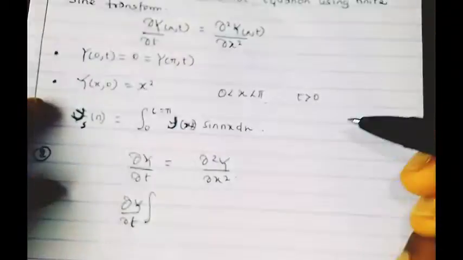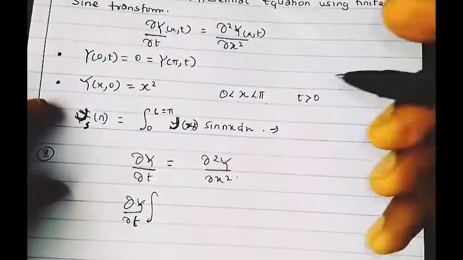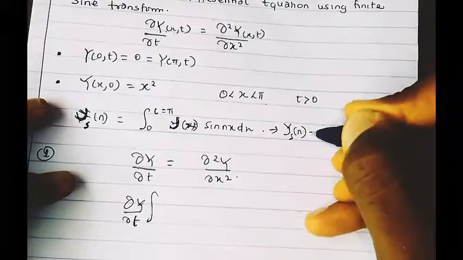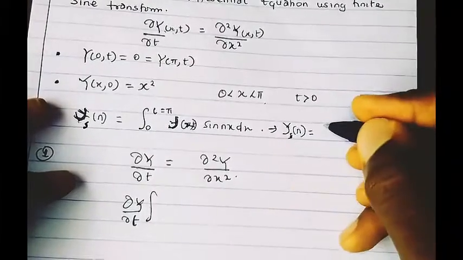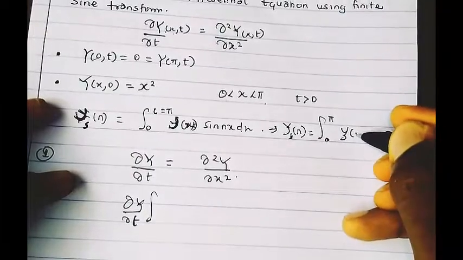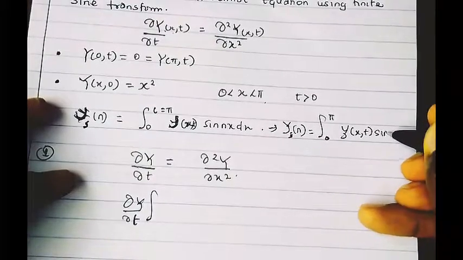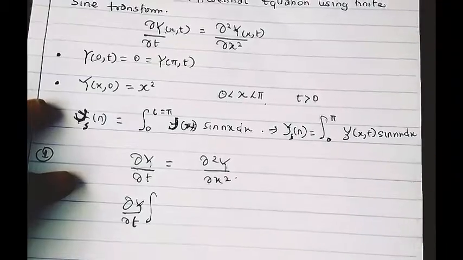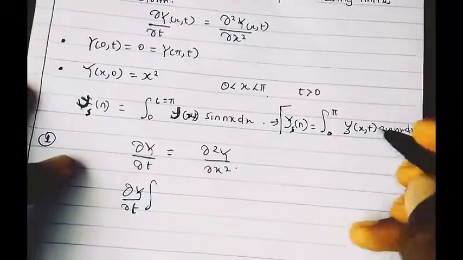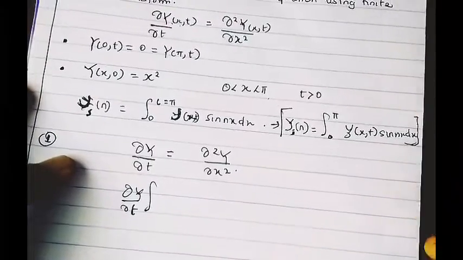We're writing the formula for the sine transform we're using now: y of n, the integral from 0 to pi of y, a function of x and t, sine nx dx. So this is the sine transform formula we'll be making use of.